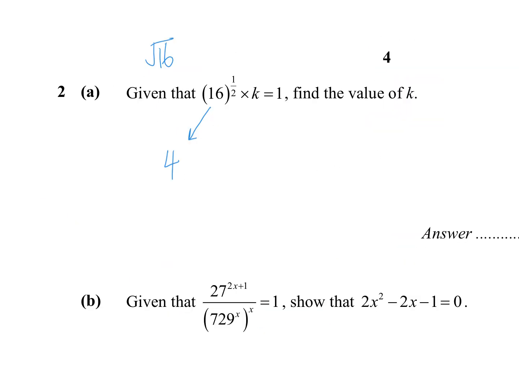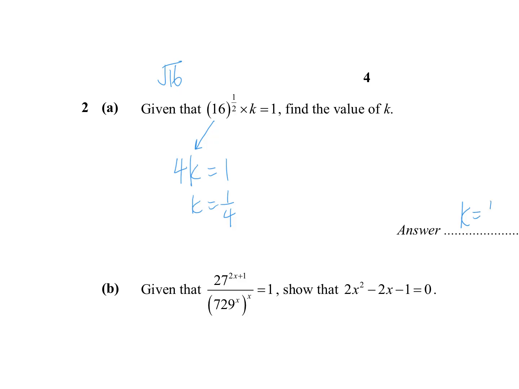So when you square root 16 is 4, 4k is 1, k is 1/4. That's all. So this one is just like that. But some of you think in the indices way. You do the k and then bring the 16 square root over, but you somehow didn't see it as a square root.